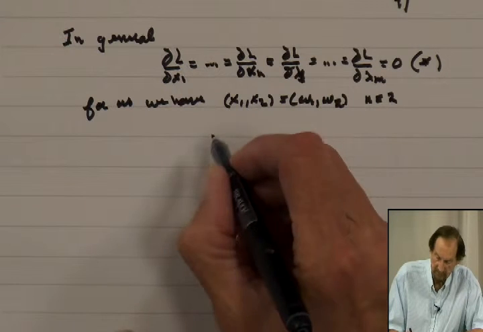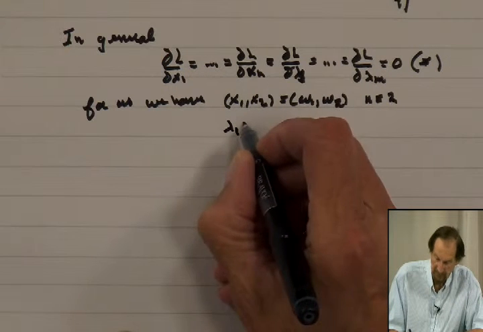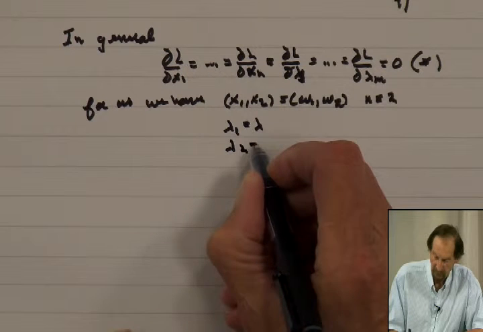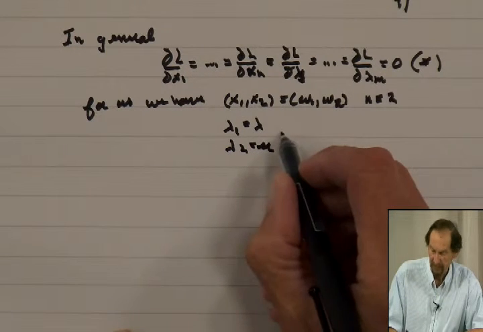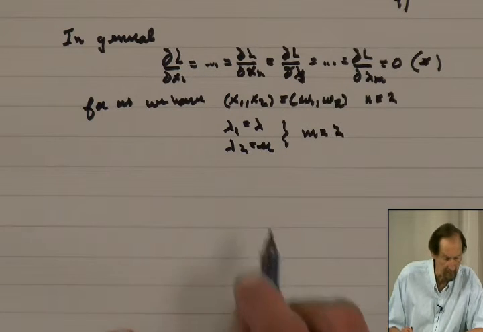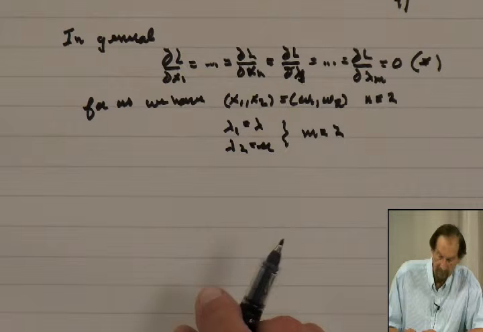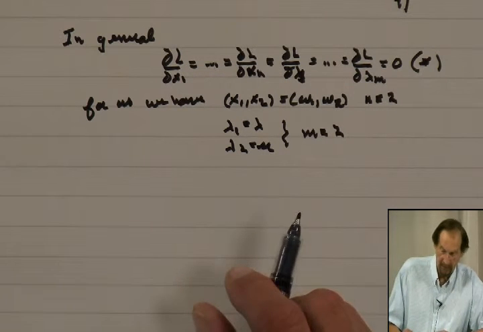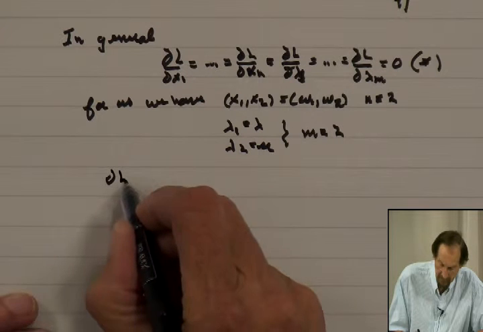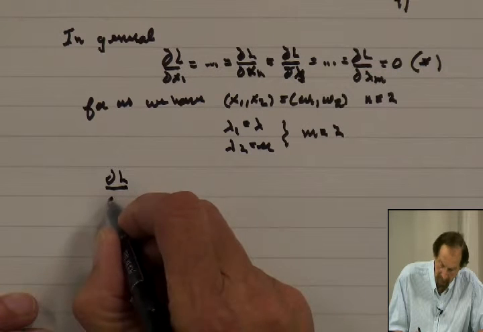And we have that lambda 1 equals lambda, and lambda 2 equals mu in our case, for our m equals 2. Okay. So let's look at these here. Let's start evaluating these partial derivatives.